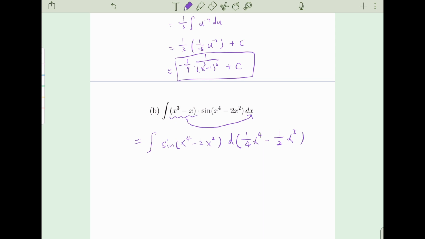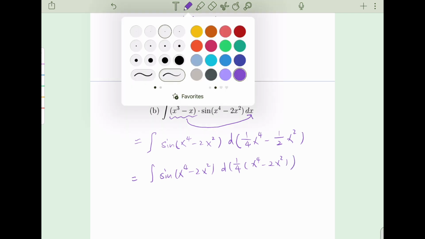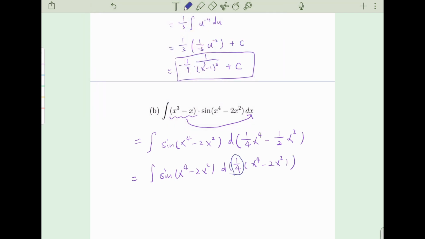Maybe write one more step so that it is not too confusing. So this is d. I factor out the 1 over 4, right? And I'm left with x to the 4 minus 2x squared, right?